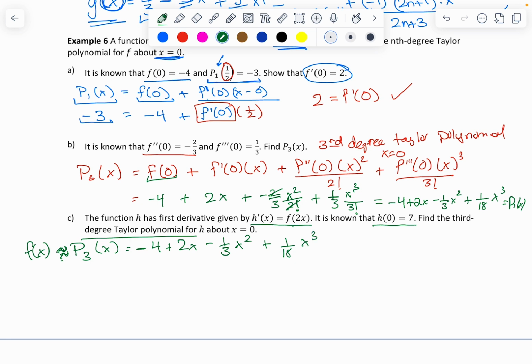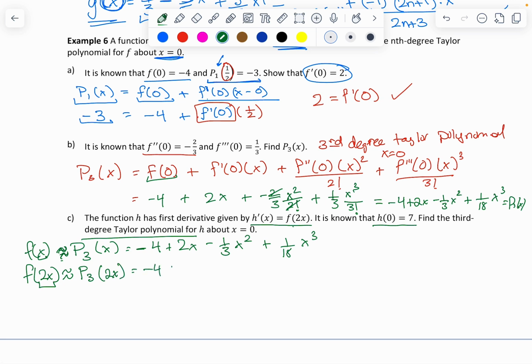The only thing that this is basically saying is that h prime of x is the same thing as f of 2x. So if we combine these functions by composition, you're basically taking x out and replacing it with 2x. So for the Taylor polynomial, we're just going to replace x with 2x.